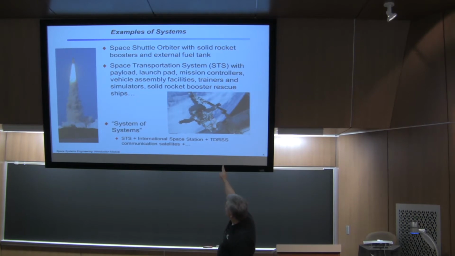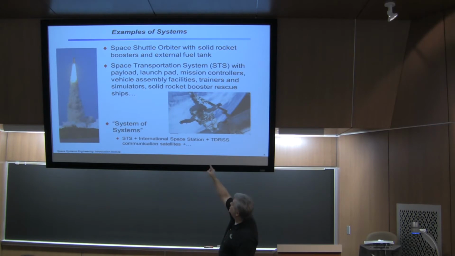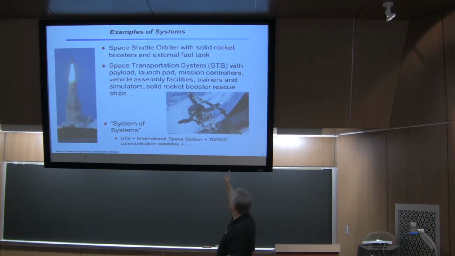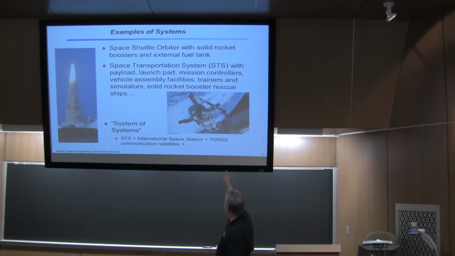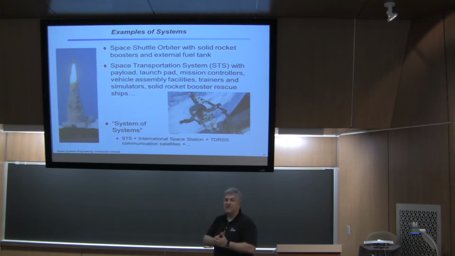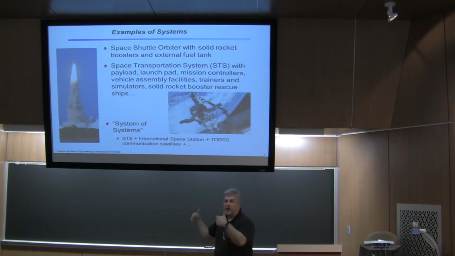And then, of course, a system of systems, you have the entire space transportation system and the International Space Station and the tracking, I forget what TDRSS, but it's the satellites that actually transmit data from the shuttle and the International Space Station back to Earth and up. So they position satellites so that you can get things there at any time.